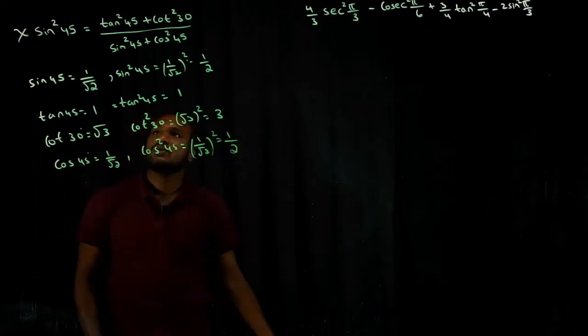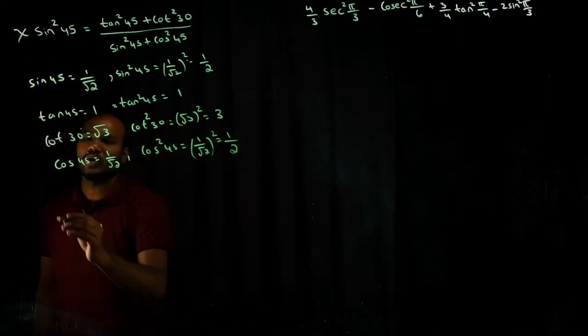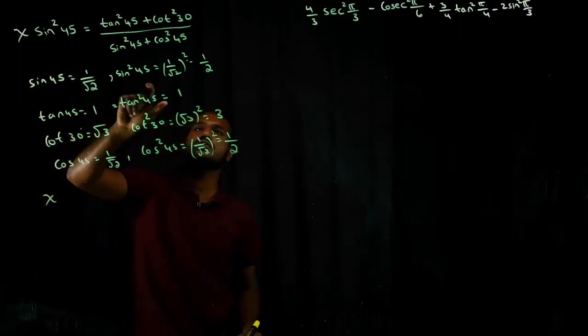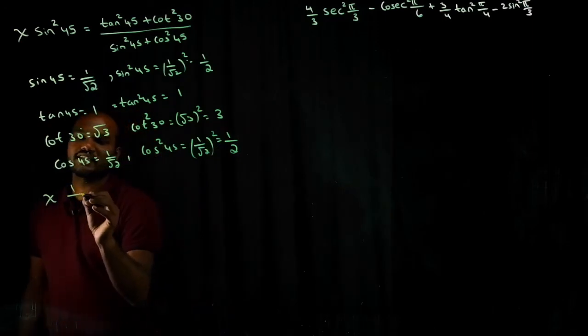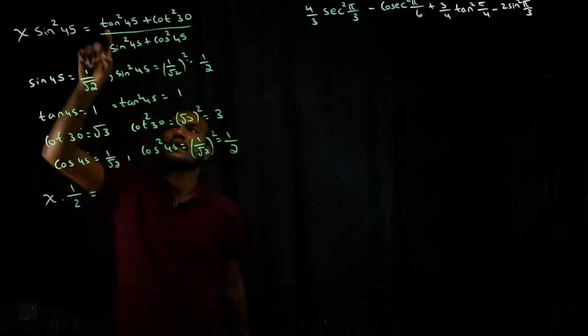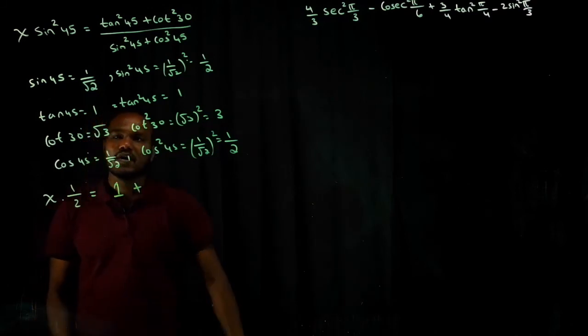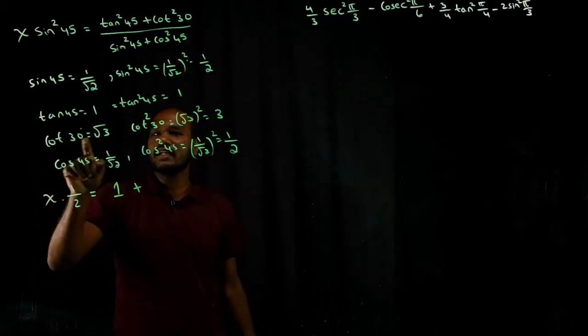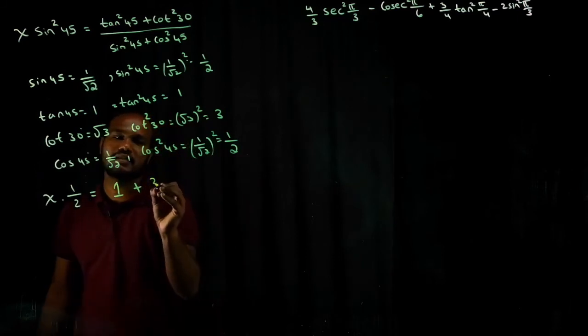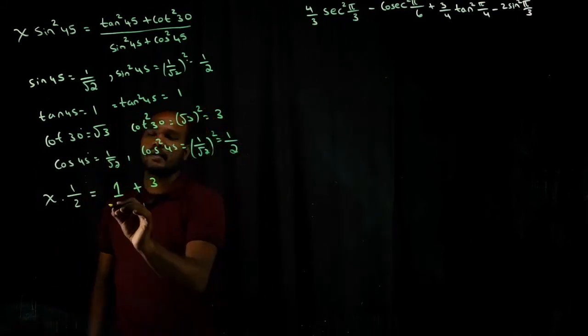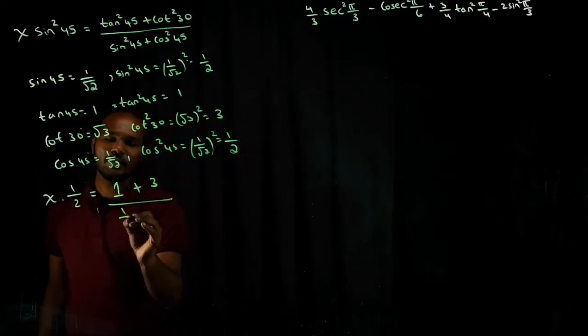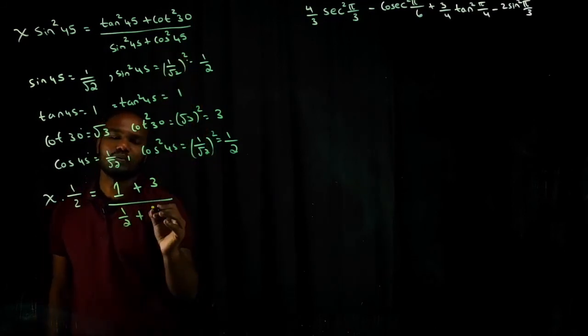So let's substitute in the formula. x times sin² 45, which is 1 by 2, is equal to tan² 45, which is 1, plus cot² 30, which is 3, divided by sin² 45, 1 by 2, plus cos² 45, 1 by 2.